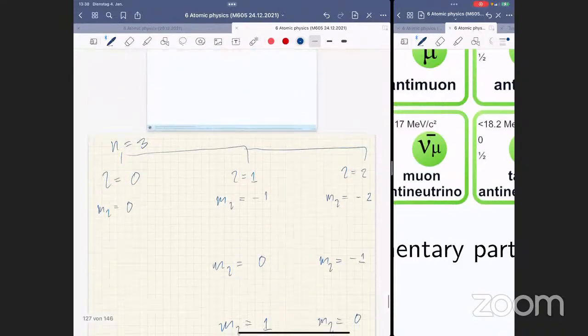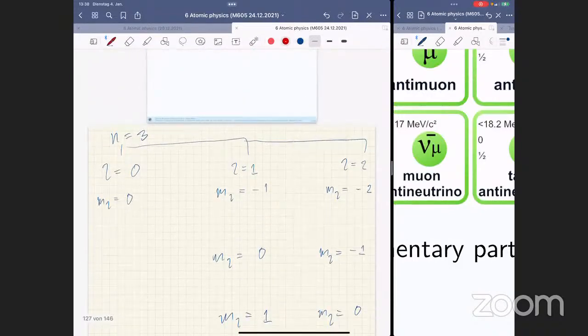Okay, and once you know the configuration like this, it's the case for MS, right? MS could be 1/2. MS could be -1/2. And again here, oh, sorry, positive first. S is 1/2.